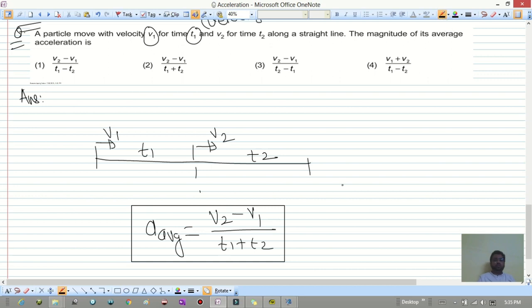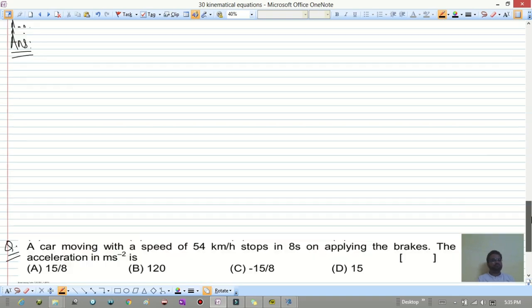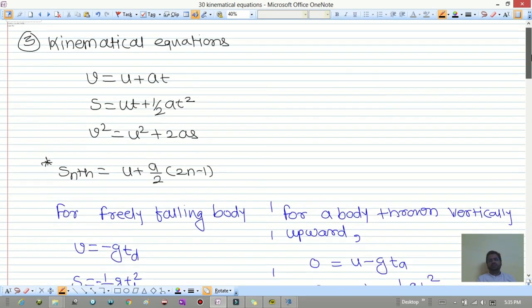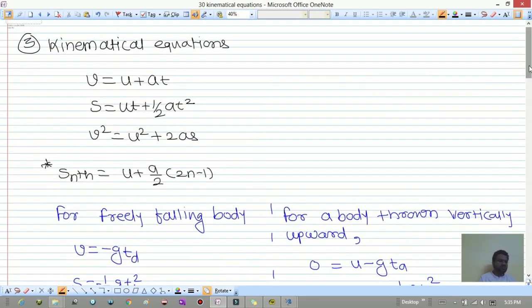Okay, so the next concept which we have is the kinematical equations. There are three kinematical equations and one corollary for these three equations. First we have v is equal to u plus at. Here v is the final velocity, u is the initial velocity, a is acceleration, t is the time. Then s is displacement, u is initial velocity, t is time, a is acceleration.